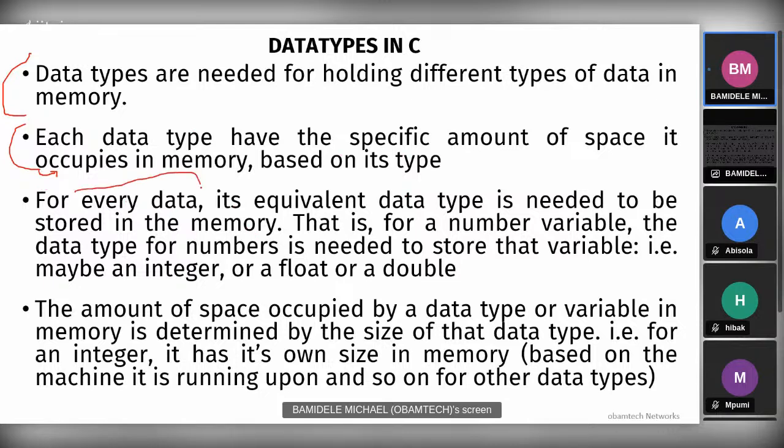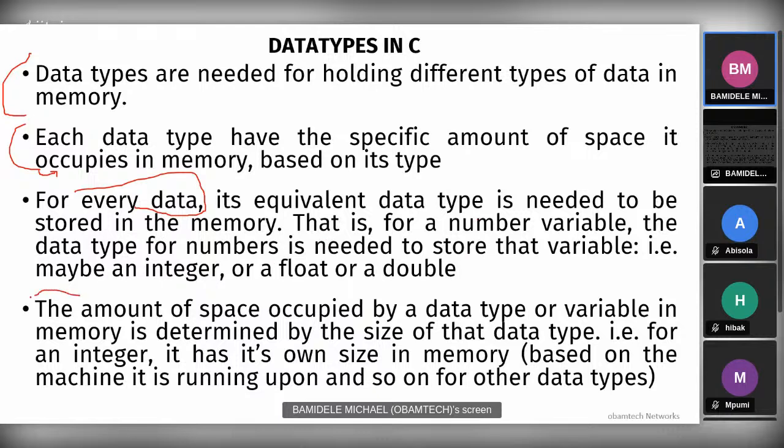What does this mean? For every type of data, examples of the types of data that we always have: you can have a character, you can have a string, you can have an integer, you can have floating point data, or you can have an array, you can have a union and all of that. So for every type that you are storing, there is an equivalent amount of space that the computer will allocate for them in memory.